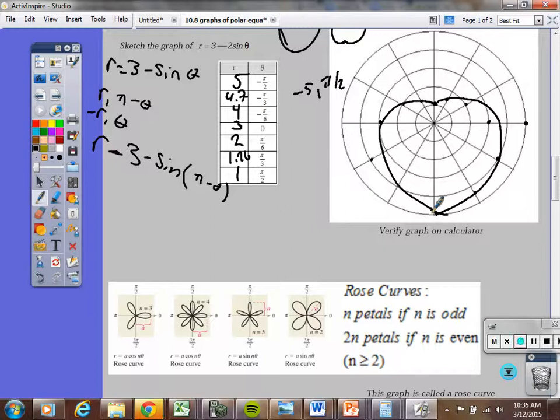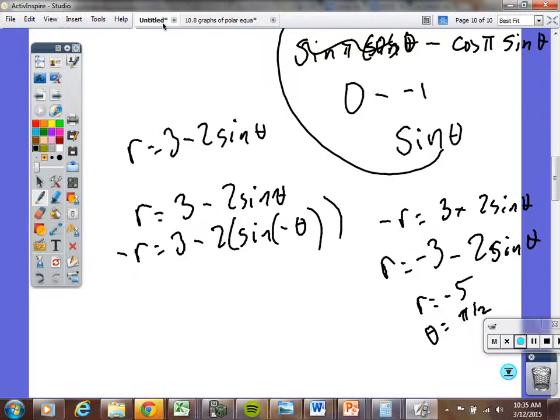Does that make sense? It doesn't look exactly the same. It might, and this is my feeling on this, and I might be wrong, but this part needs to be the same. And I'm thinking that this is the reasoning because when I have negative r, that's just going to flip me to the other side. I'm going to use another angle that when my r comes out negative is going to push me through to get there. Does that make sense what I'm going for? Yeah. And I think that's the reasoning why that happened.